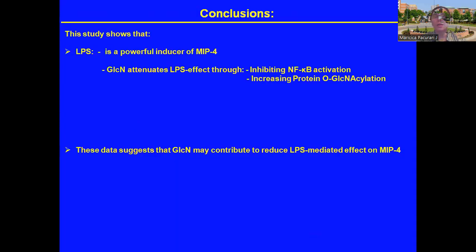The conclusion of the study is that LPS is a powerful inducer of MIP4, and glucosamine attenuates LPS effects through inhibiting NF-kappa B activation and increasing protein GlcNAcylation. This preliminary data suggests that glucosamine may contribute to reducing the LPS-mediated effect on MIP4.